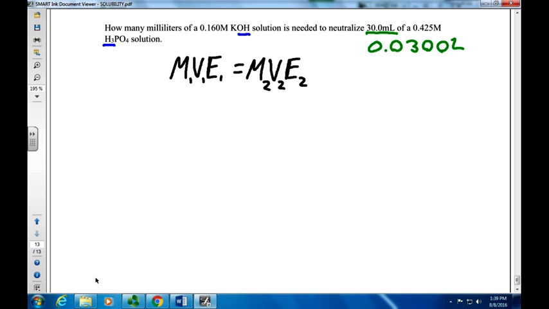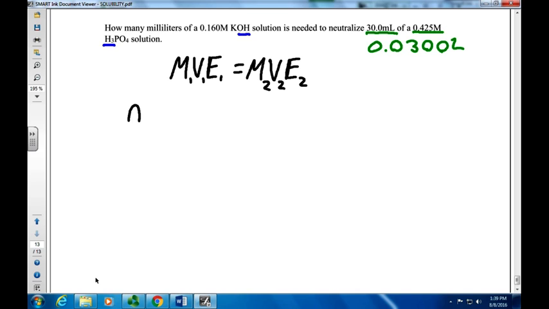So we're going to start by looking at what we can determine from what is listed here. Note that there is this 0.425 molar. When I'm looking at trying to break things up, I want to find the easiest way of doing it. Given that we have the liters and the molarity of our acid, let's just go ahead and find the moles.